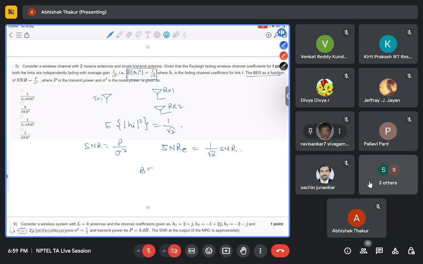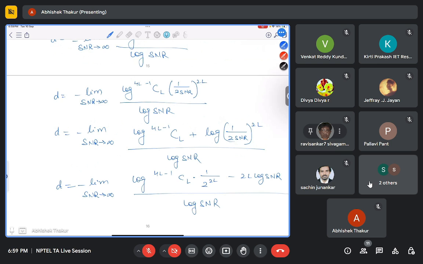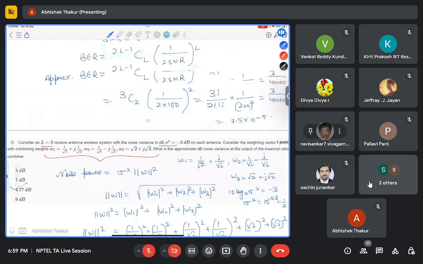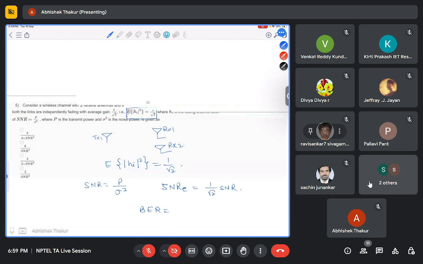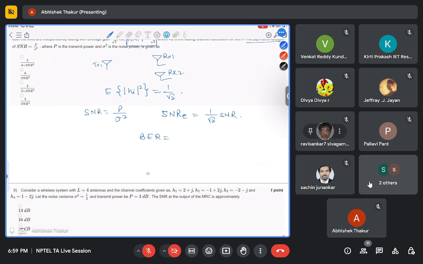So the bit error rate for L is equal to 2 antenna. So here we have seen the formula. So that is 2L minus 1 CL 1 by 2 of SNR to the power of L. So L is equal to 2, so it will be 3C2 1 by 2 into SNR to the power of L. L is 2.